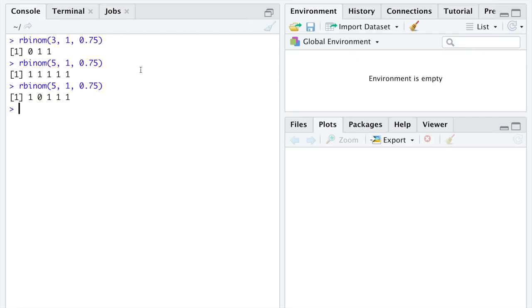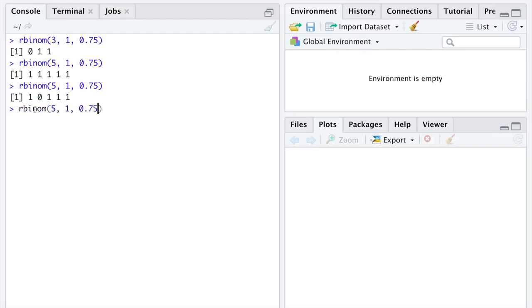Now what I'm claiming is that if we take the mean of our observed data, we will estimate the true population parameter. In this case, because it's completely fake, we know what the true population parameter is. In the real world, we won't know this highlighted value, p, but we will have observed data from which we can try to estimate that value.